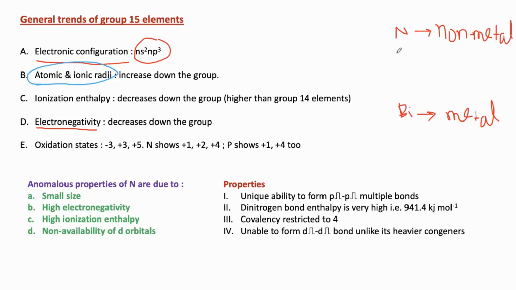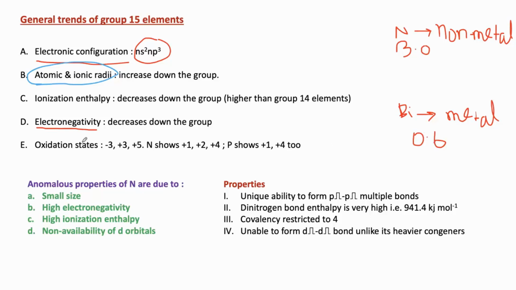Nitrogen has an electronegativity of 3.0 on the Pauling scale, whereas bismuth is an electropositive metal with an electronegativity of around 1.6. So that's why nitrogen has much higher electronegativity than bismuth.